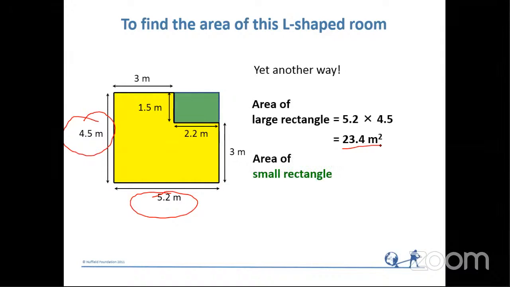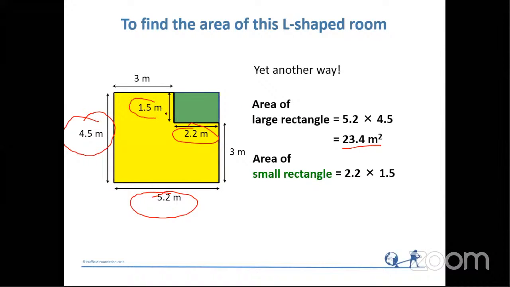Then we subtract the area of the smaller rectangle that we have created, which is 2.2 times 1.5, and that would give us 3.3 meters squared.